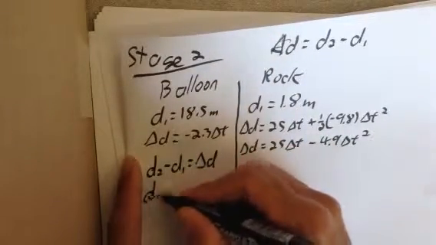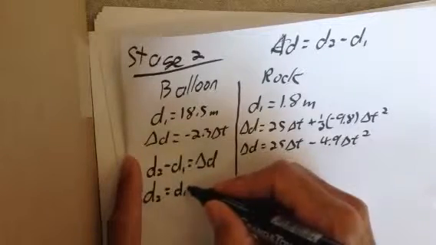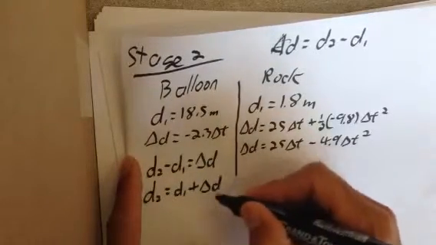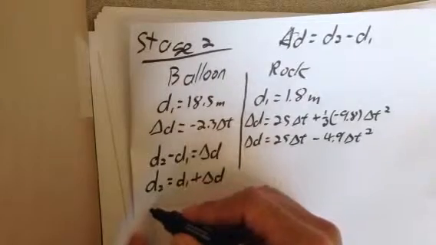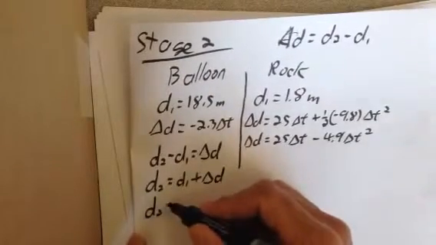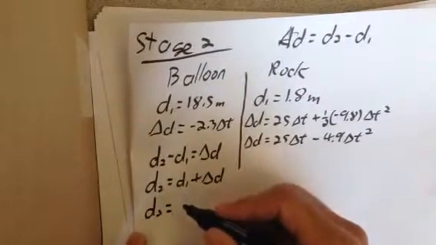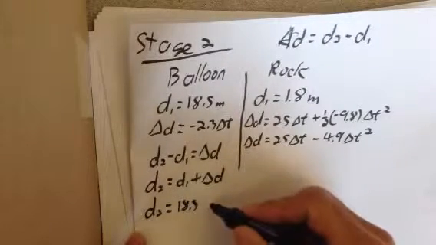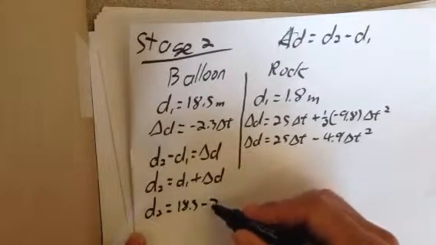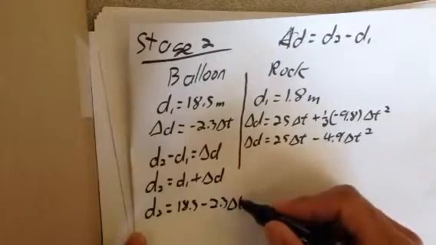So the final position of the balloon is the initial position plus delta d, which means the final position of the balloon is 18.5 meters minus 2.3 delta t.